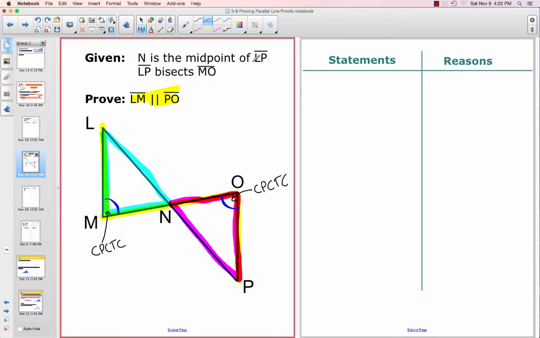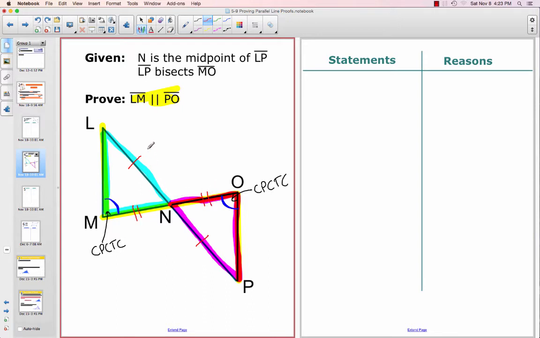Okay, we have N is the midpoint of LP, so that must mean that LN and NP are congruent, because a midpoint divides a segment into two congruent segments. Then we also have that LP, so this line bisects or cuts in half MO. So if it cuts in half MO, this and this would be congruent.